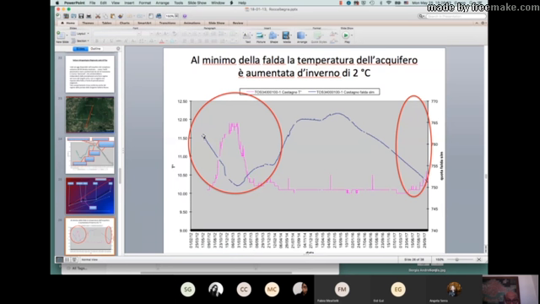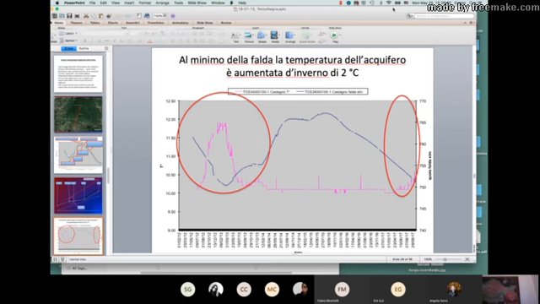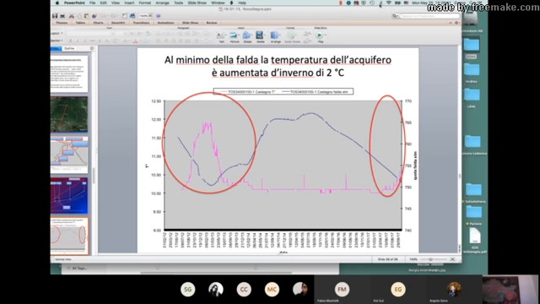So the water table through time here is from 2012 to 2017. The water table is the blue line and goes down, then goes up again, and then it goes down again.